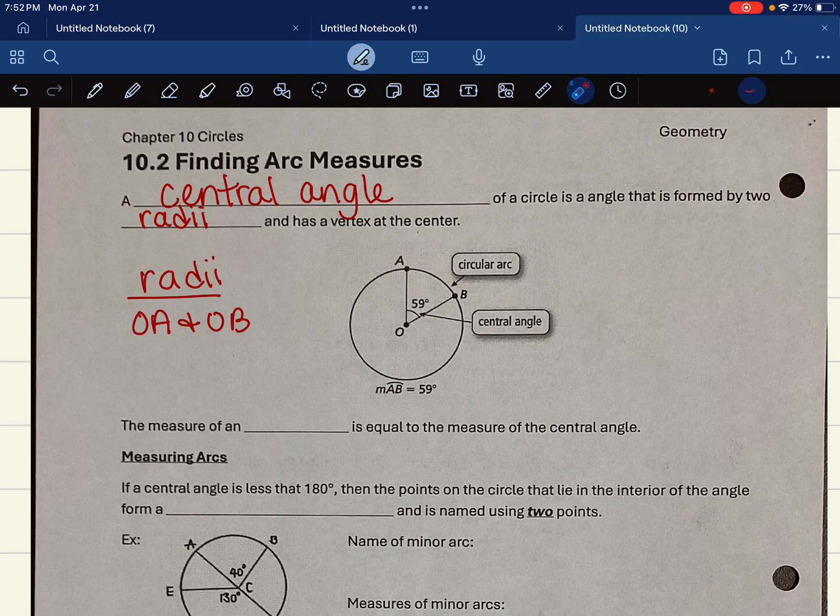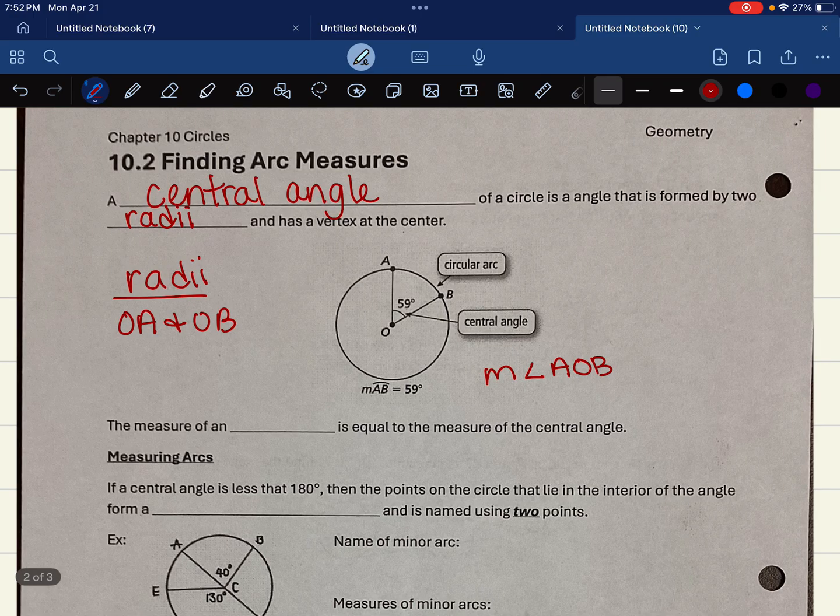So we know that the measure of angle, or the measure of arc, AB, is 59 degrees. Also, the measure of angle AOB, which we've talked about before, right? That inside angle is equal to 59 degrees.